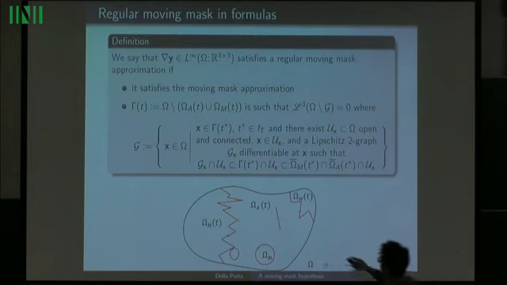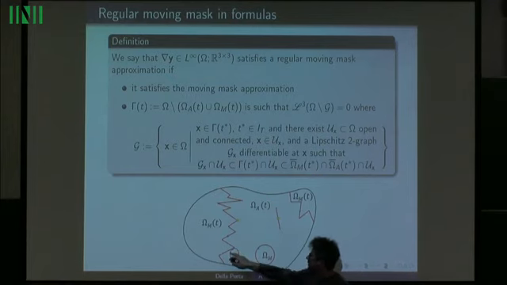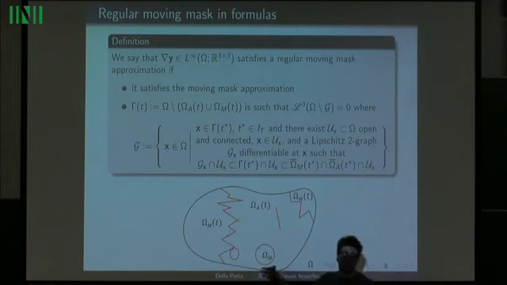These blue points, 1, 2, 3, 4, are good points. Why? Because in all these points the interface is separating austenite from martensite, and even if here there are two different interfaces collapsing onto each other, the interface contains a Lipschitz graph which is differentiable at that point.